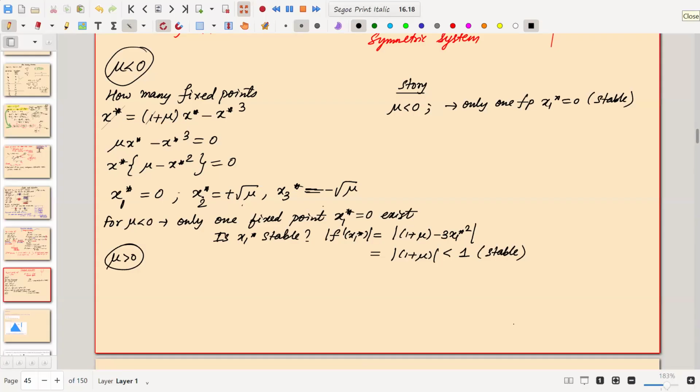Now we have to analyze which one is stable and unstable. So can we find the modulus of the derivative at x1 star? It is 1 plus mu minus 3 x1 star square. What is x1 star? 0. So it will always be 1 plus mu. Now mu is greater than 0. If mu is greater than 0, what is 1 plus mu?